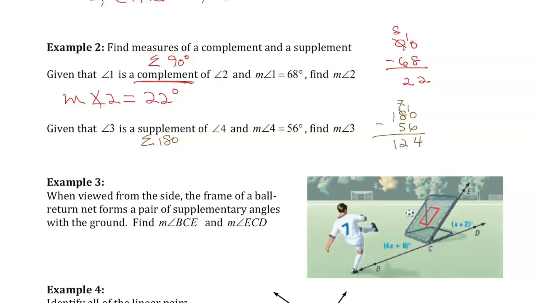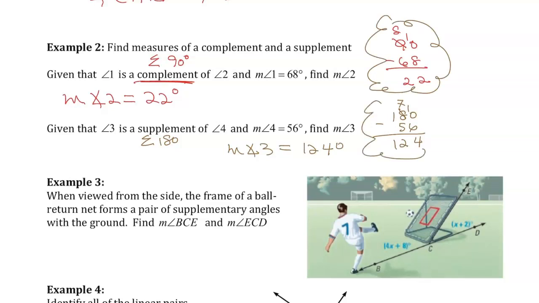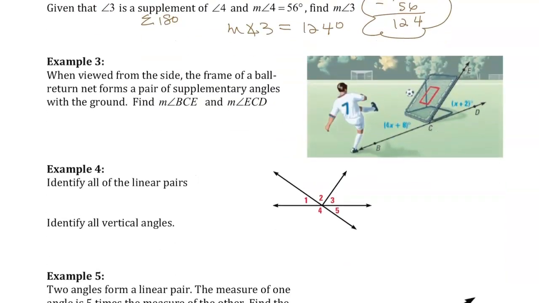That's 124 degrees. So the measure of angle 3 equals 124 degrees. And you should always be showing this work, okay? Don't do it in your head. Don't grab the calculator even though I'm not looking. Do it by hand so that you can practice that and develop your math skills, okay?